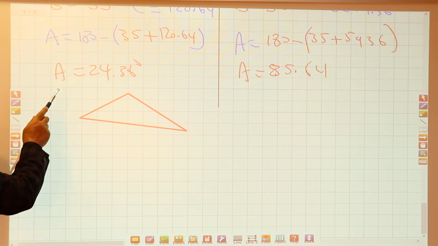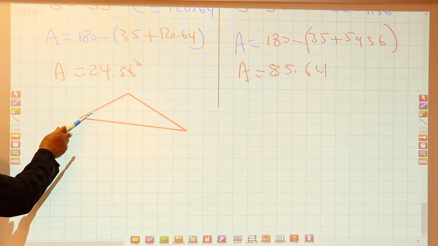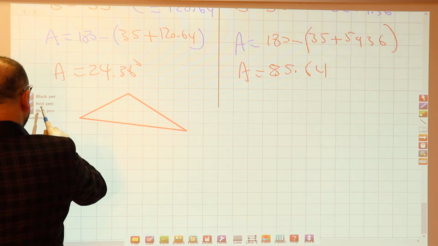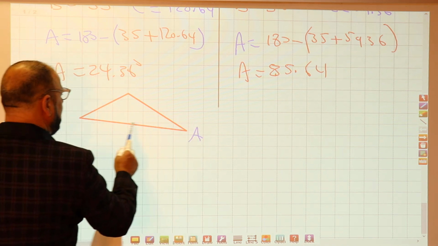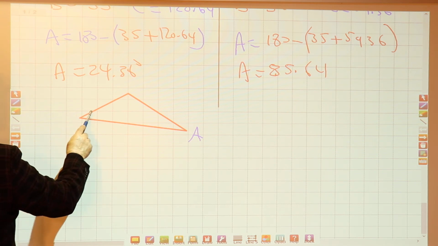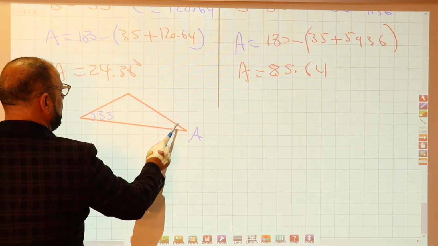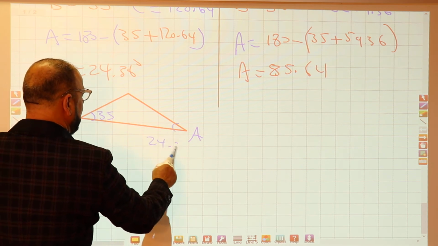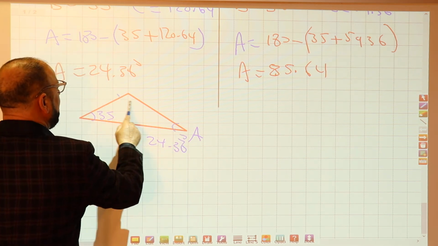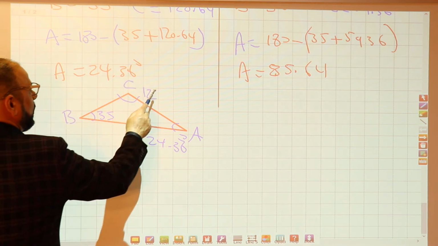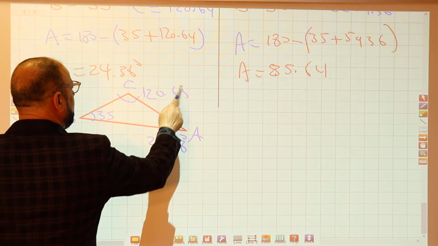Now, which one? A is 24.38 degrees, this A, and B is 35, and this is my big angle, which is C, 120.64.